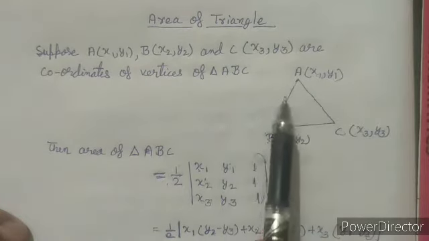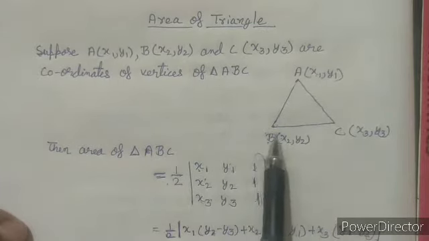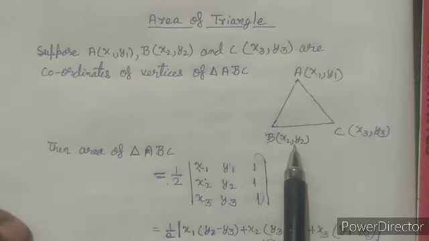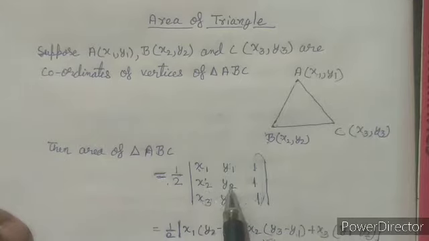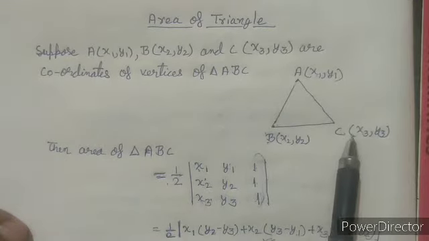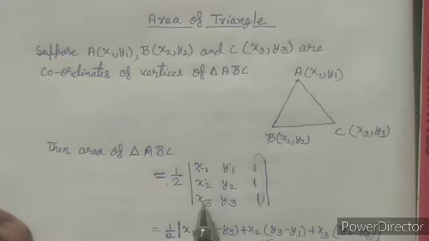Now the coordinates of vertex A are x1 y1, so the first two elements of the first row will be x1 y1. The coordinates of B are x2 y2, so the second row's first two elements will be x2 y2, and similarly the coordinates of vertex C are x3 y3, so the first two elements of the last row will be x3 y3 and the last column will be equal to 1.